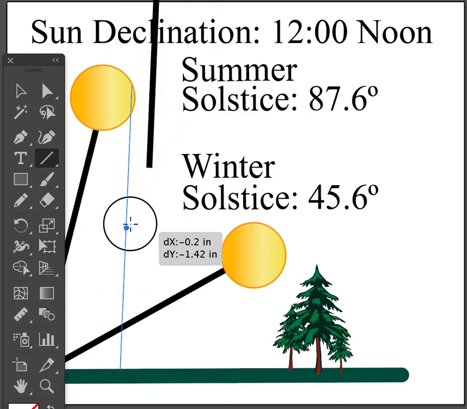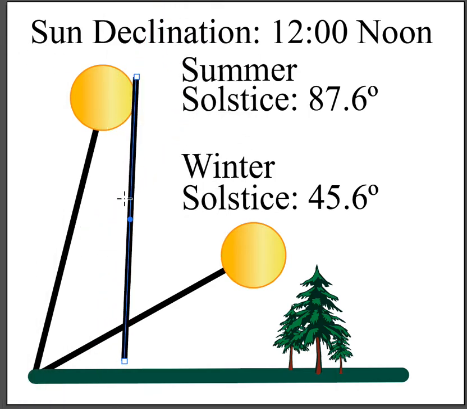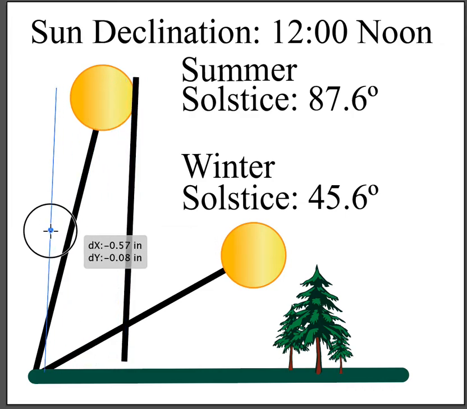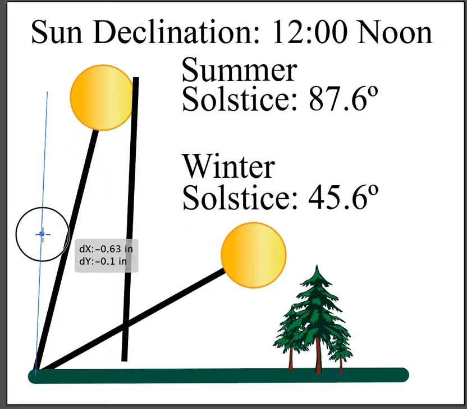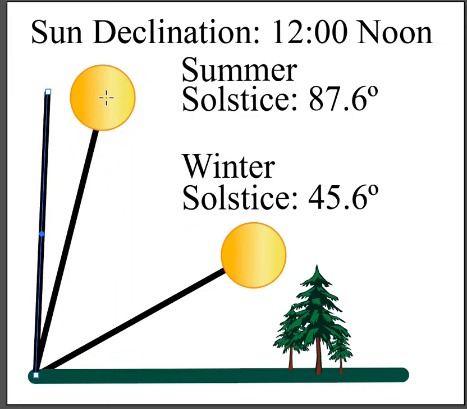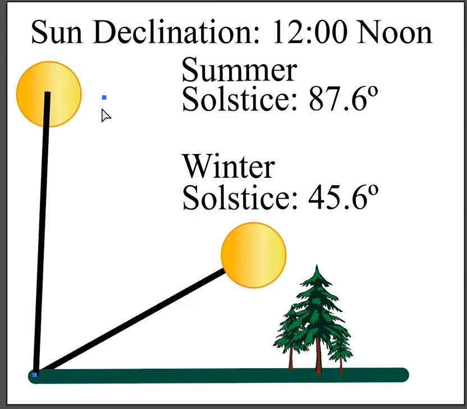Grab this line. I'm going to move my little menu out of the way here. Grab this line, put it right at our focal point there. Click on A, put the sun over our new point, and basically what I'm doing is I just get rid of the old one here.